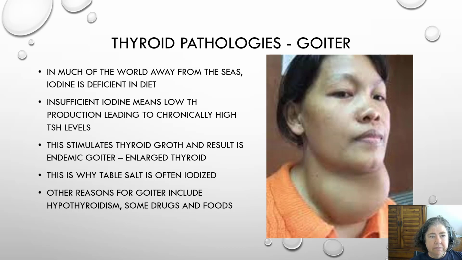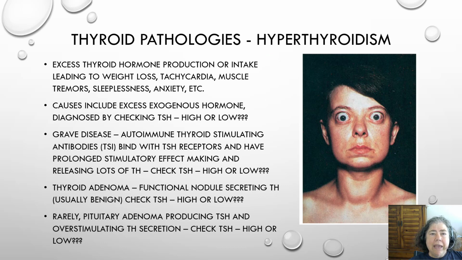When we have excess thyroid hormone production or intake, because we can have excess intake from exogenous thyroid hormone, that can lead to weight loss, tachycardia, tremors, insomnia, anxiety, diarrhea, all of those things. And there are a number of things that can cause hyperthyroidism.